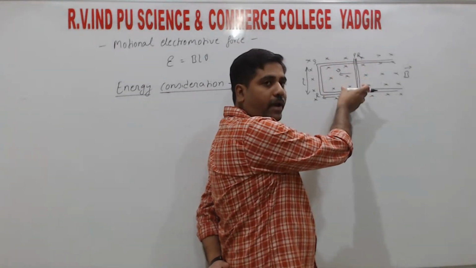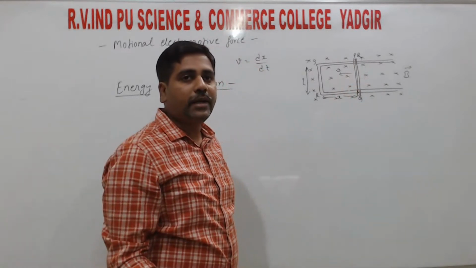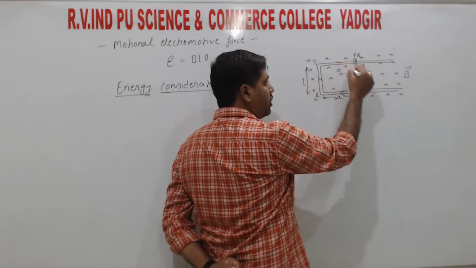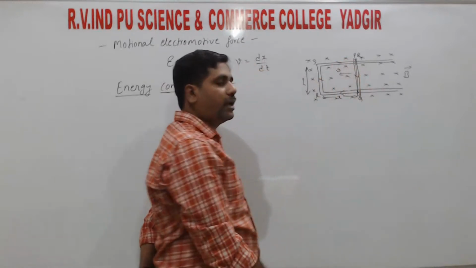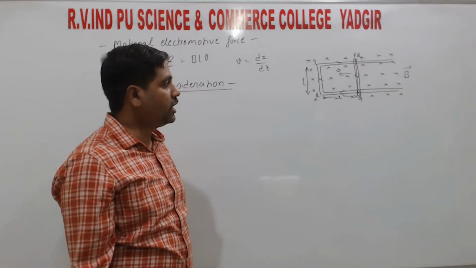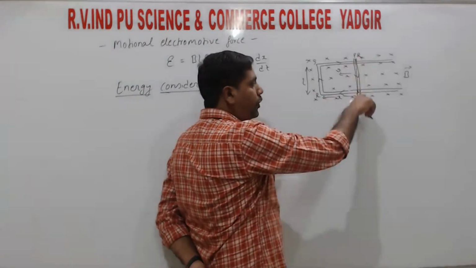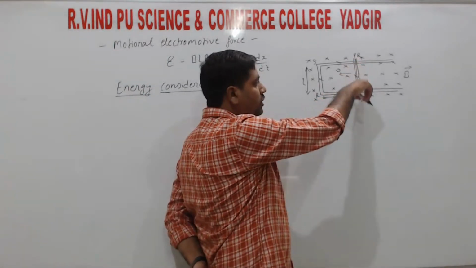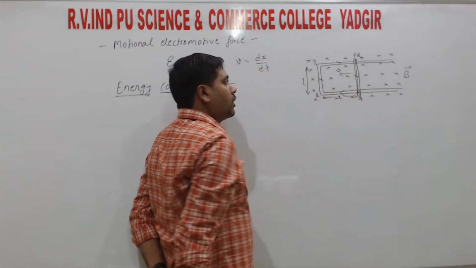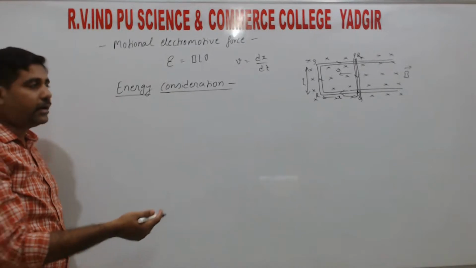If a loop is placed in a magnetic field, what is produced, what is induced? Current is induced. That is again from Faraday's law, right? So when a conductor is placed in an external field, current is induced, right? The current flows from P to Q. Charges are flowing, and flowing charges mean current, right?